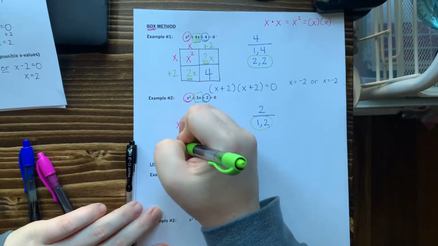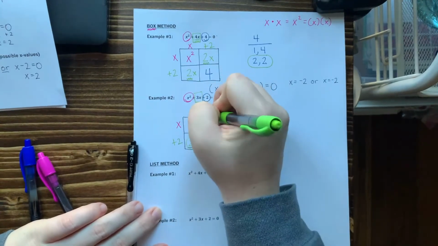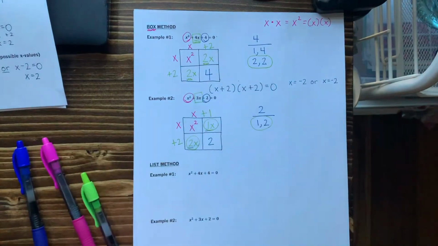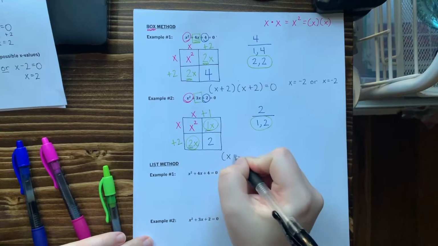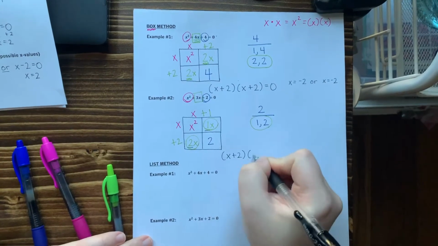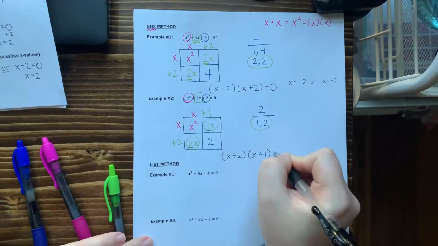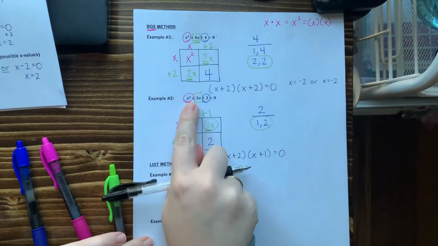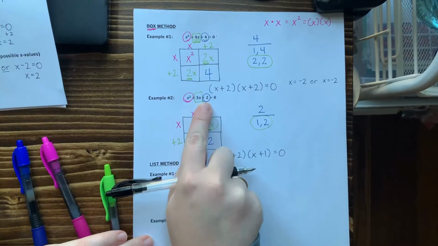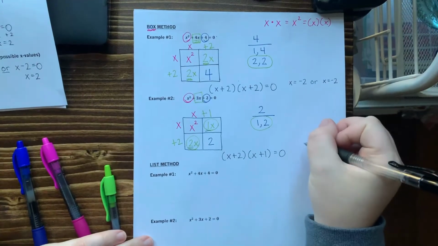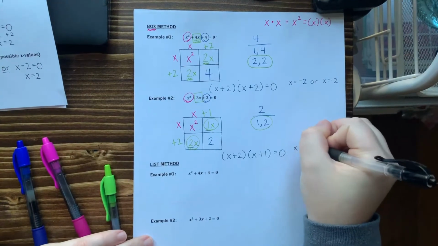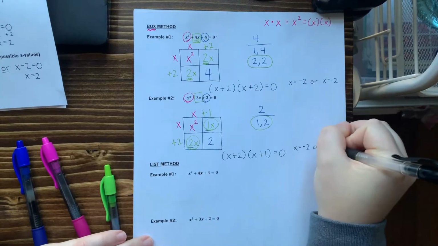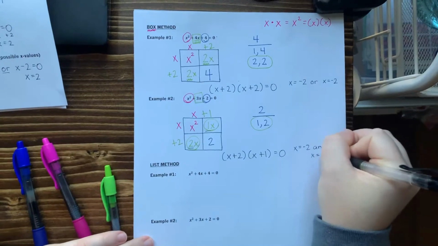So for this part, we have plus 2 and plus 1. Then we're able to take those two pieces and multiply them together. If we distributed these back out, we would end up with our unfactored form. So this is x equals -2 and x equals -1.